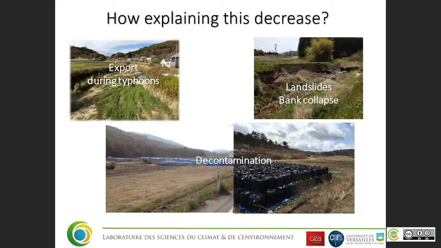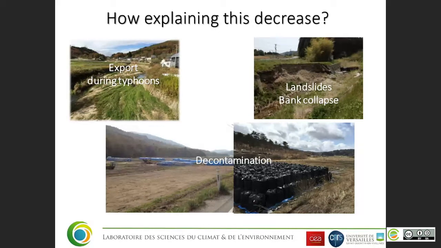The decontamination program as well, because the idea was to remove the topsoil layer concentrating the cesium-137 in agricultural and residential lands, and then they store it in big bags that you could see everywhere across the landscape.